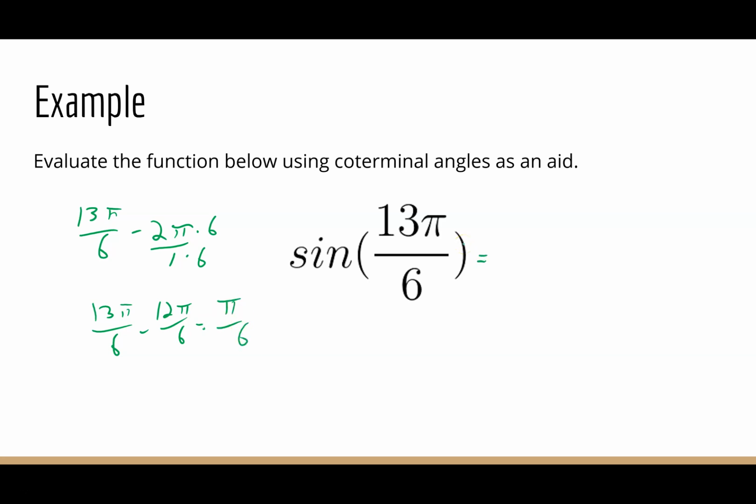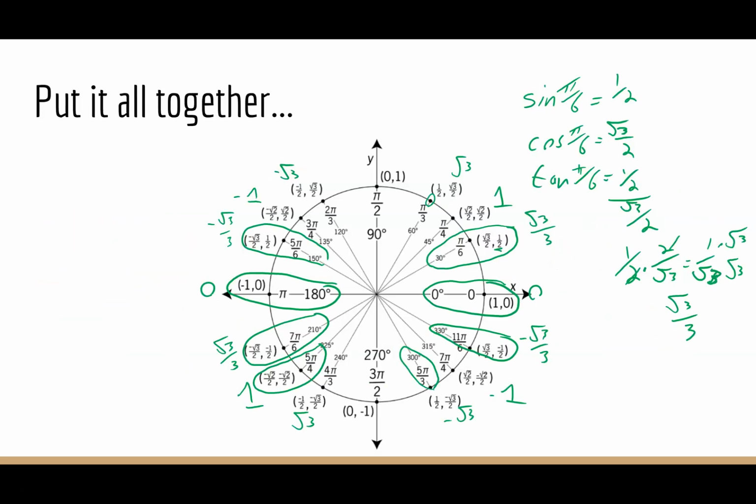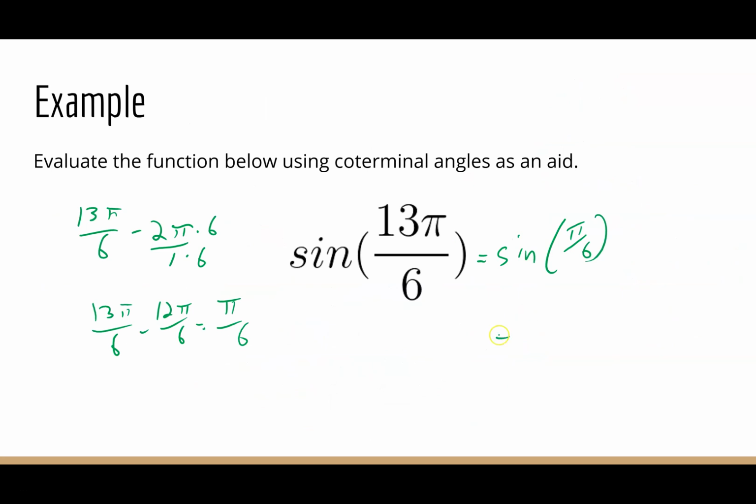So sine of 13 pi over 6 is equivalent to sine of pi over 6, which we've already done. It's 1/2. So if the angle is not on the unit circle, use coterminal angles, add or subtract full rotations until you're down to something on the unit circle, something either less than 2 pi or less than 360.